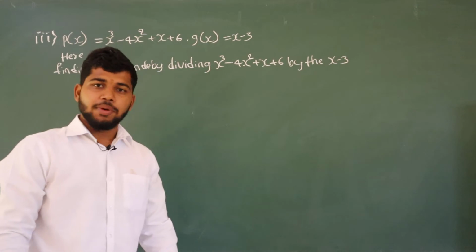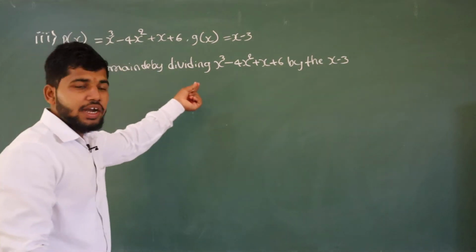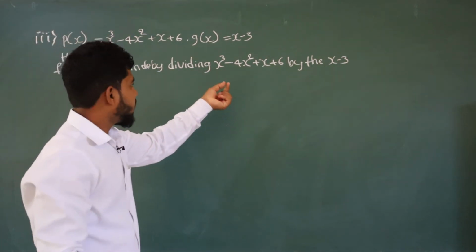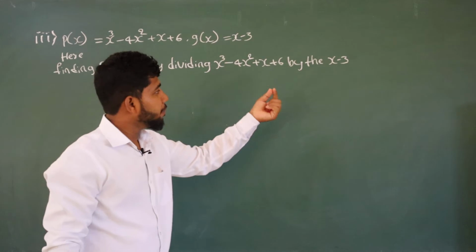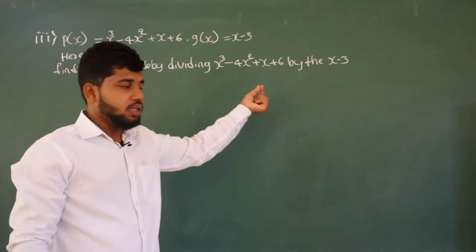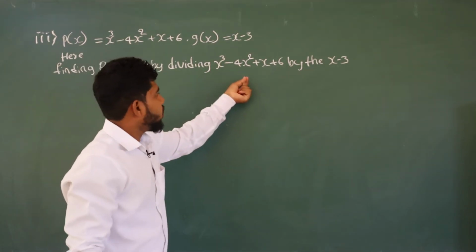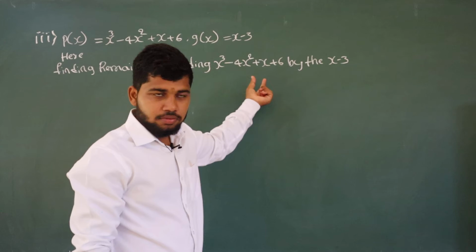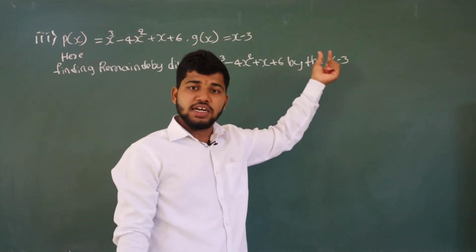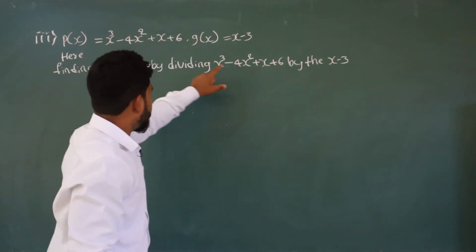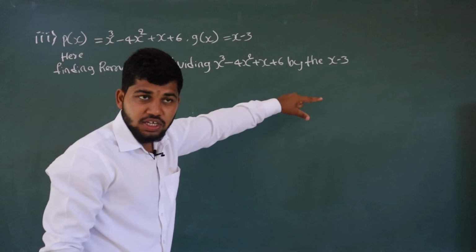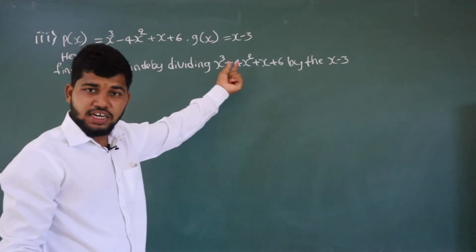We are finding the remainder. Here x cube minus 4x square plus x plus 6 is the dividend and x minus 3 is the divisor. Already you know that g of x is the divisor and p of x is the dividend.